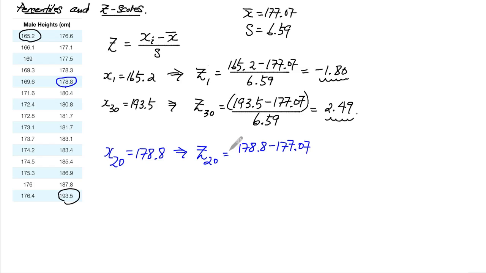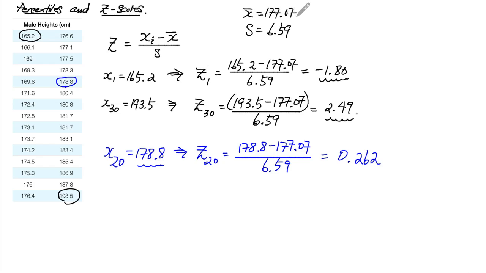You can see that the deviance from the mean is very small compared to our tallest guy and our smallest guy. Divide that by the standard deviation of 6.59 to get a value of 0.262.